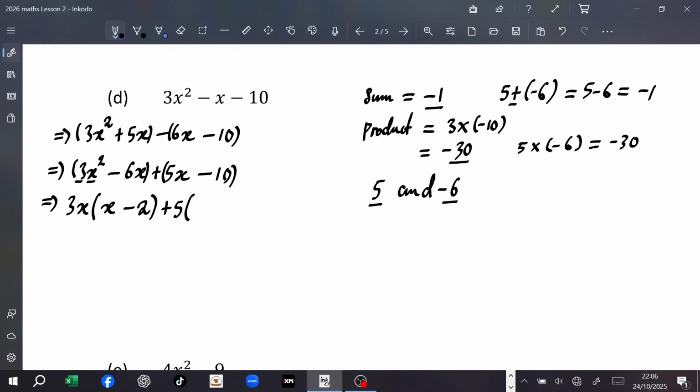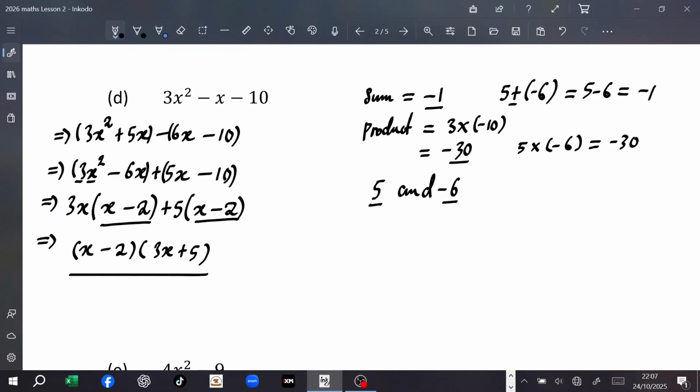Then open brackets here, you remain with x, then minus, then you know that 5 can go into 10 2 times, so you write 2 like that. Then you say, okay, this implies that we have this which is common and that is common, so you write it once, so say x minus 2, then you say open brackets, then 3x plus 5. Okay, so this one will be the final answer.